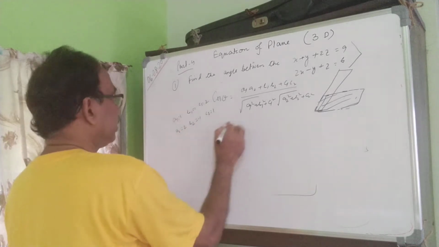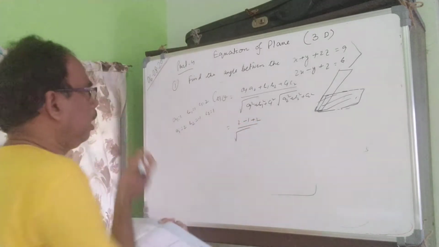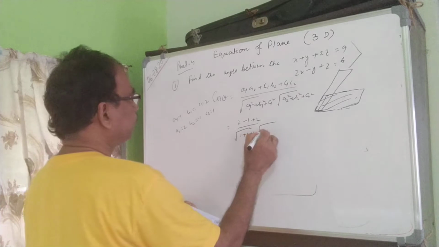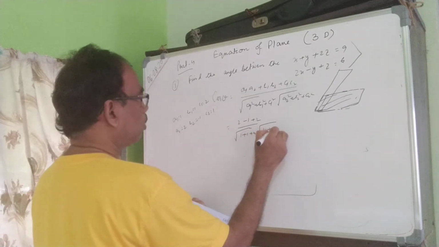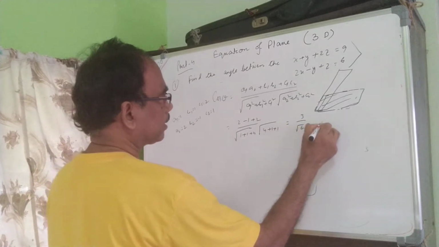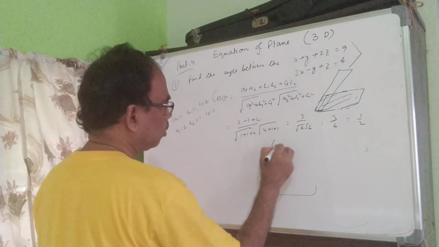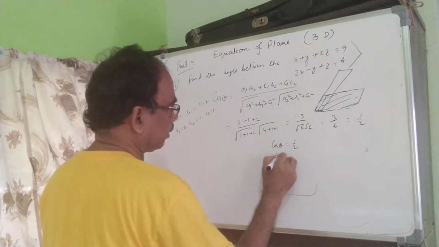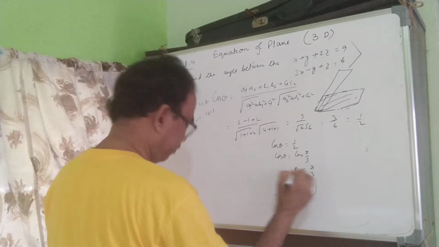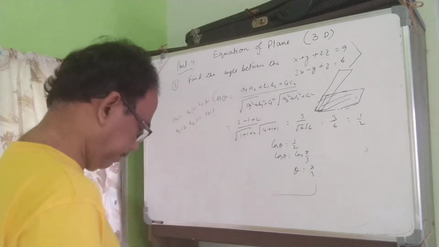So a1 a2 plus b1 b2 plus c1 c2 is 2 minus 1 plus 2, that is 3, by root of 1 plus 1 plus 4 into root of 4 plus 1 plus 1, that is 3 by root 6 into root 6, that is 3 by 6, which is half. Then cos theta equals half, and cos 60 is half, so theta is pi by 3. That is the angle between the two planes: pi by 3.